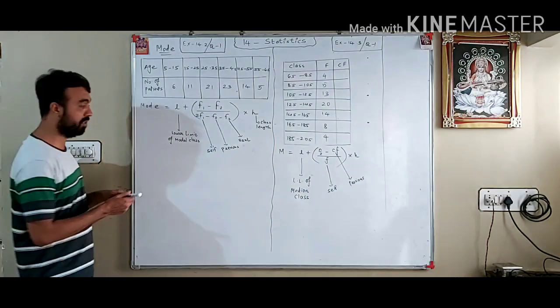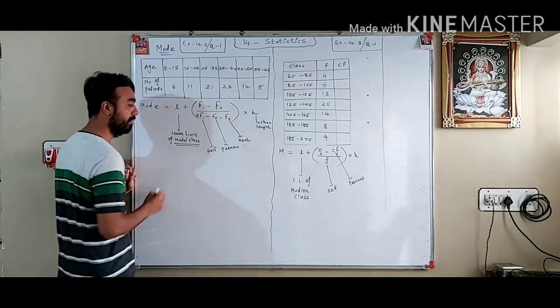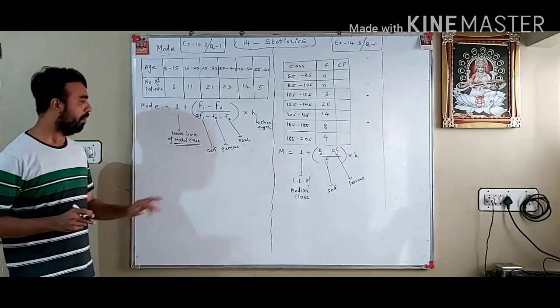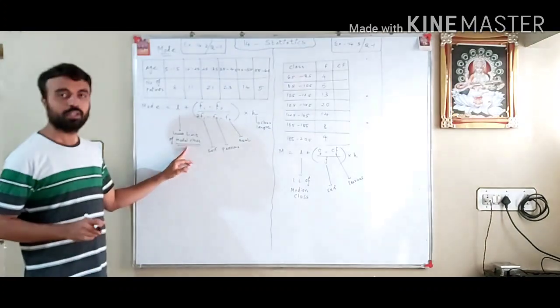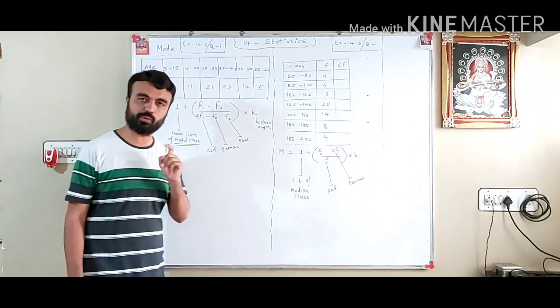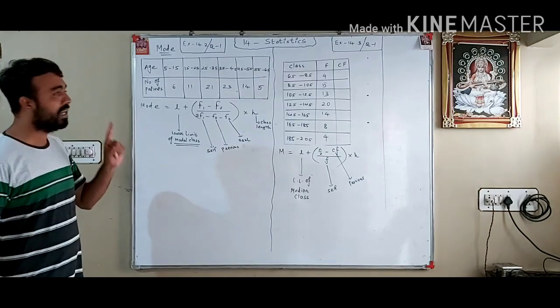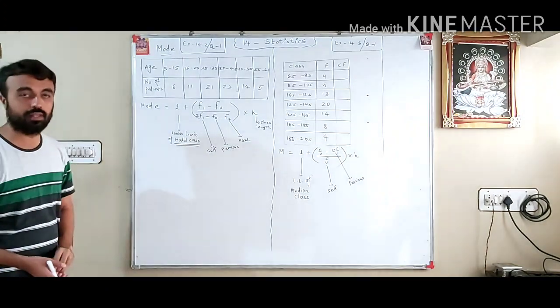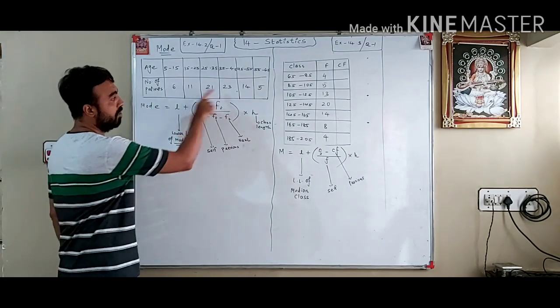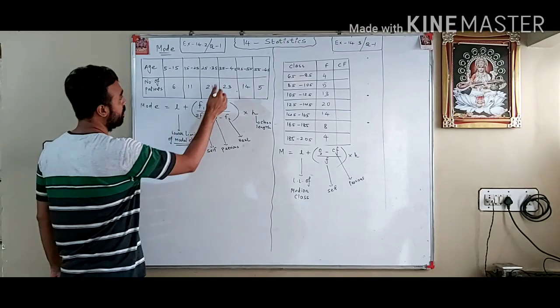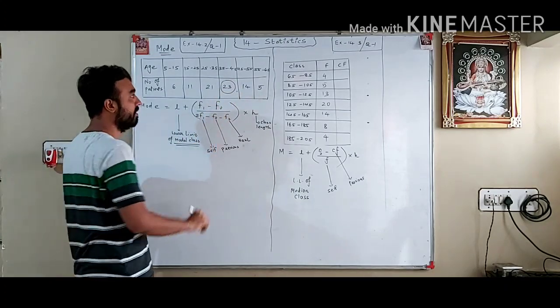First of all, we need to discuss this word, model class. It's very simple. For finding out the model class, you need to look at the question table. Find out the maximum frequency in the question table. This is the frequency row. If you find the maximum frequency over here, you will find that it is 23.